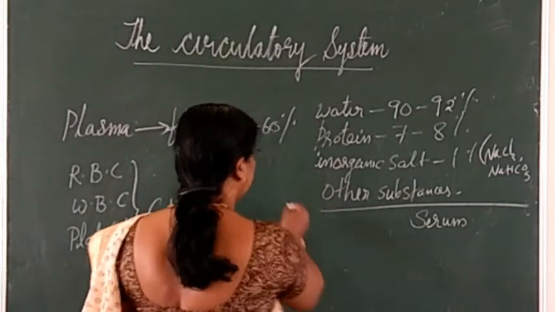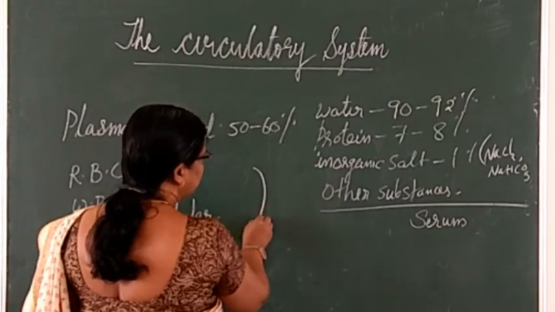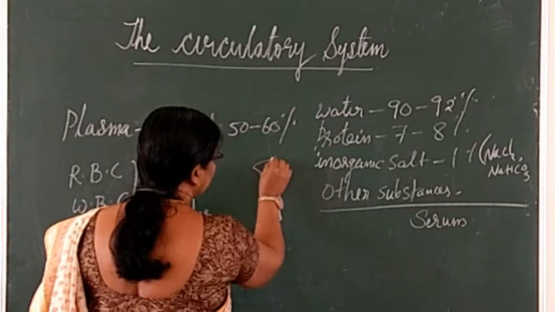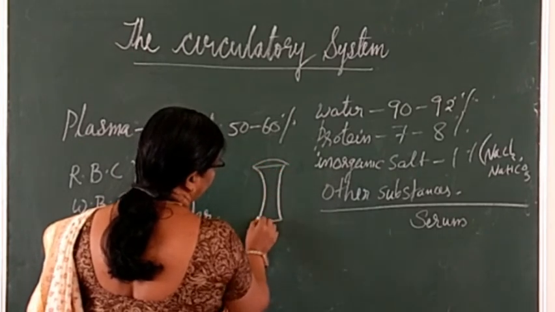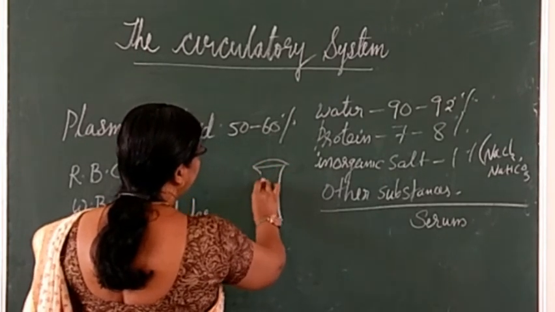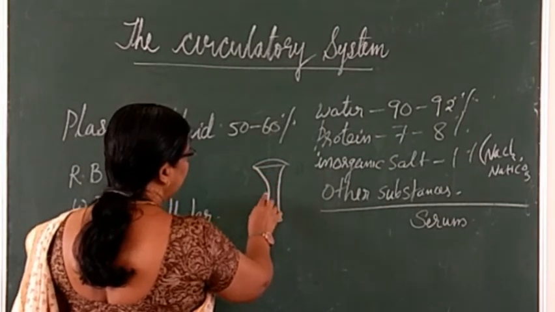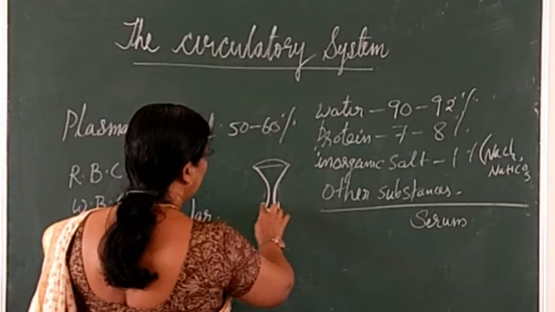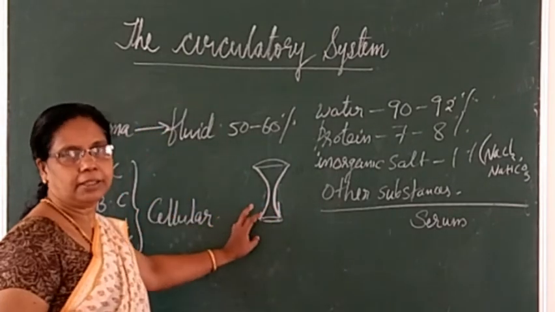So if you are drawing the RBC structure, it is biconcave like this.